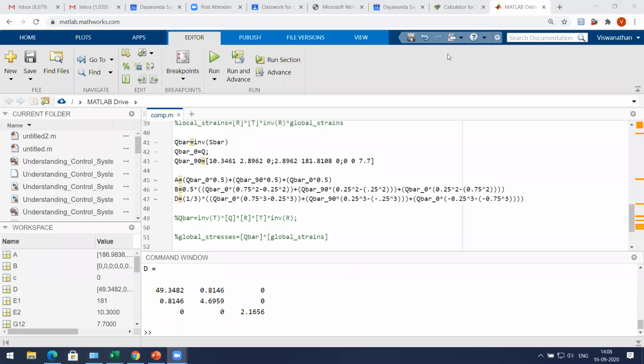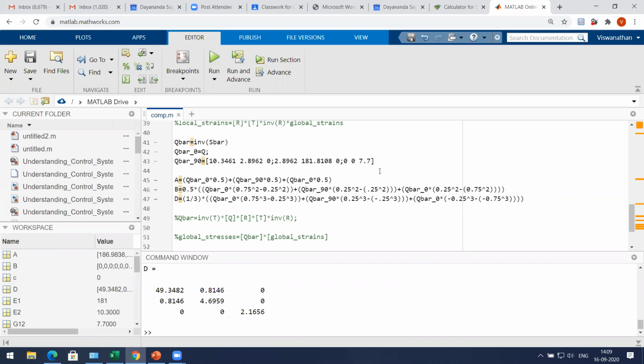Yes, any questions? So we just discussed the importance of the ABD matrix, the coupling and all these things. And then we used some website link where we can calculate the ABD matrix directly. But today we saw how we can calculate the ABD matrix by ourselves using a MATLAB program. Okay.